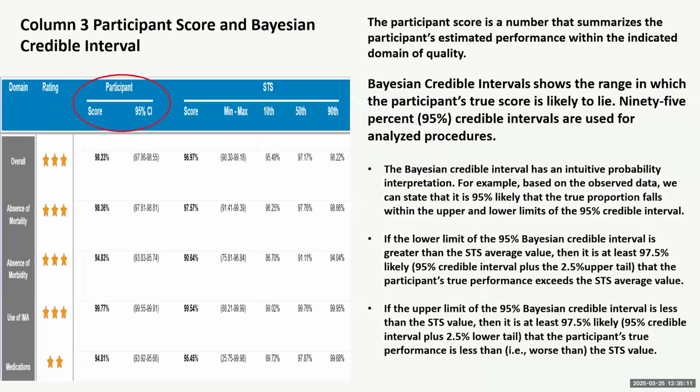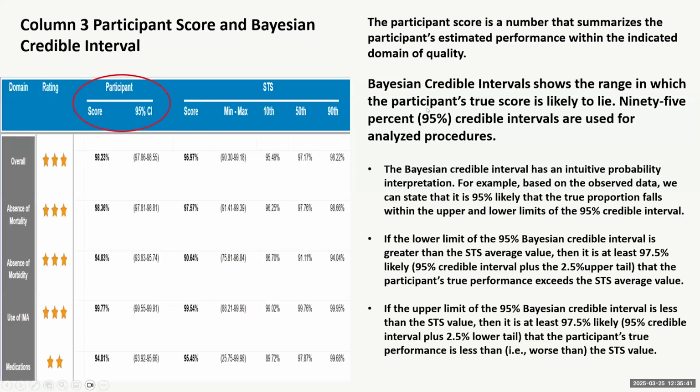So let's continue looking at this rating. When we look at the participant, I've circled it in red here. You have a score and you have this thing called 95% CI. Well, what does that mean? The score is pretty intuitive. That's your estimated performance score within each domain.